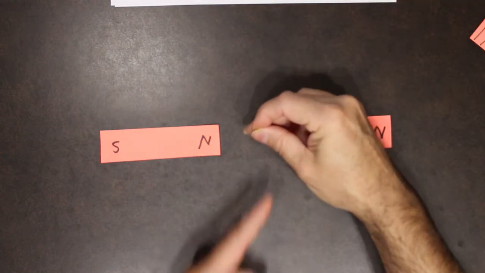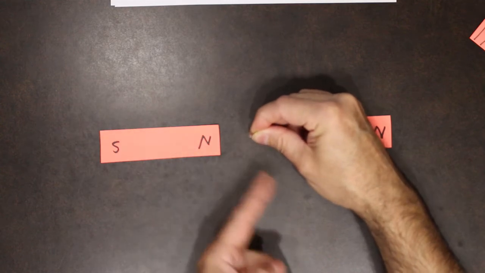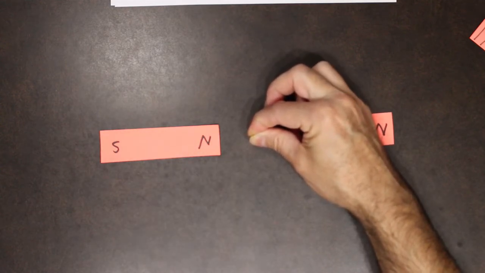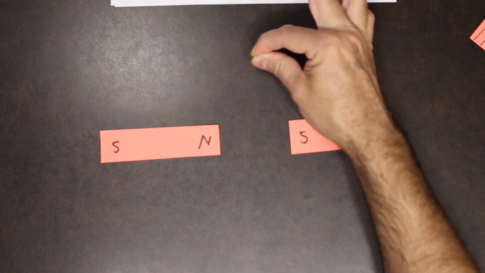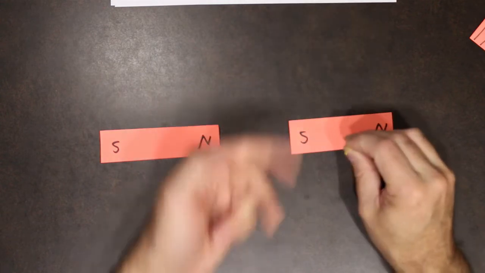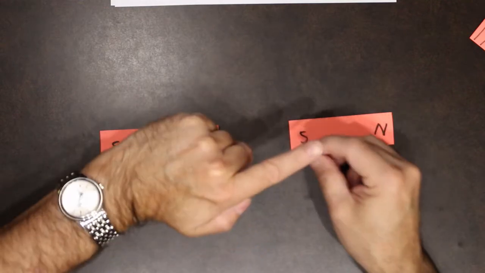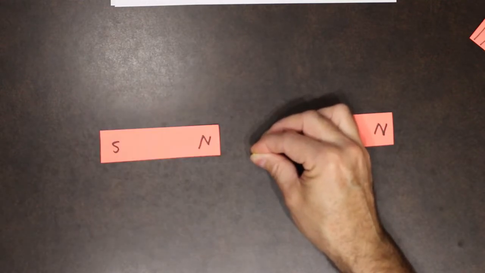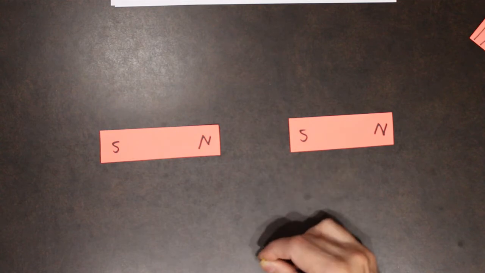So if the conductor has current that's coming out of the table, it will move this way. If the current is going into the table, the conductor will move this way.